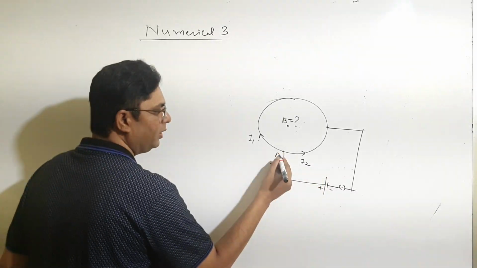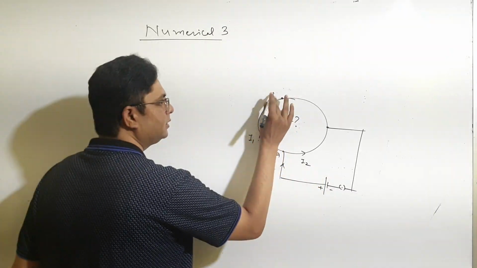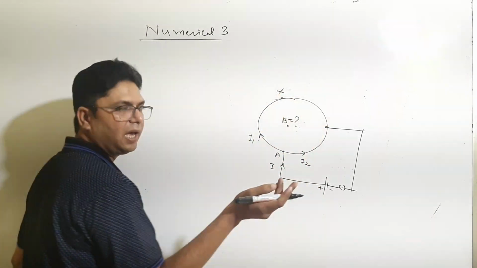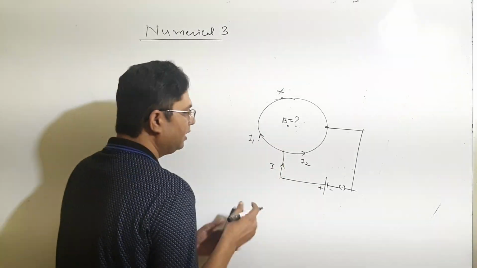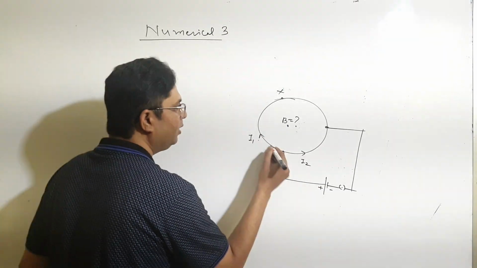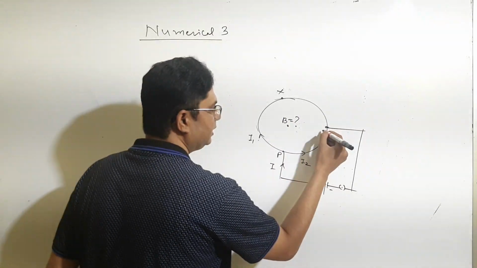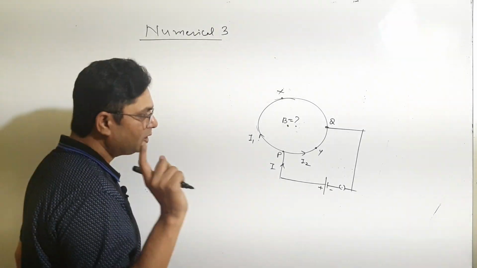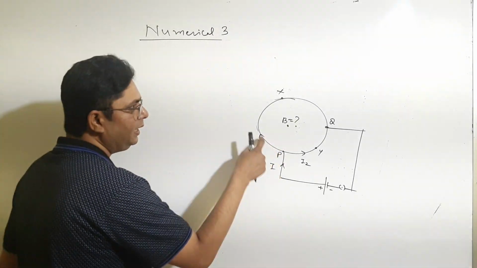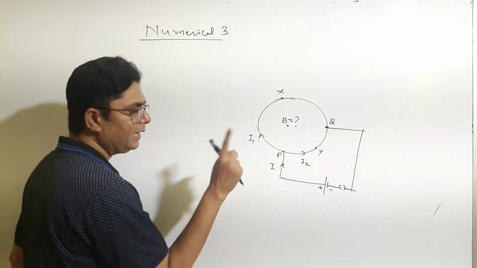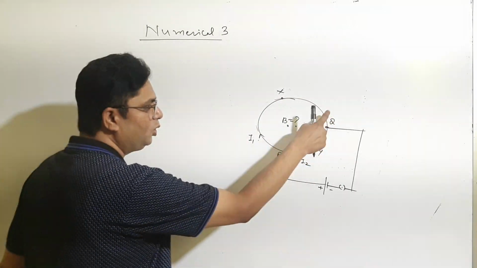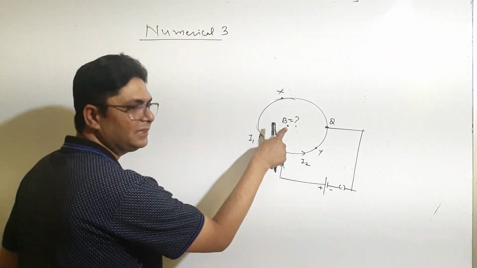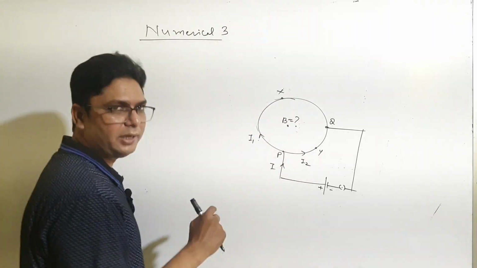So I1 will move from point P, through X, and come to this point, this is Q, and here it is Y. So current in PXQ is I1 and current in PYQ is I2. We have to find the magnetic field at the center due to those 2 current-carrying wires.